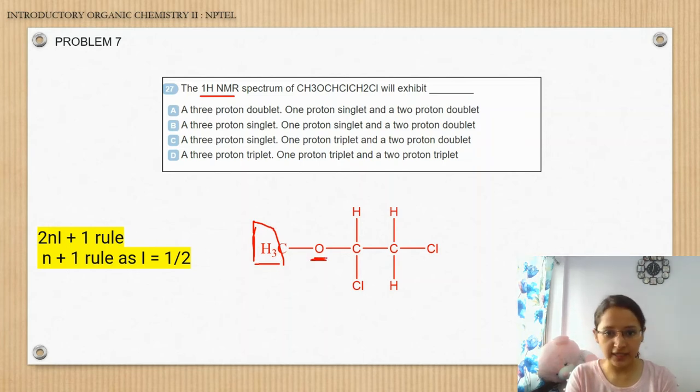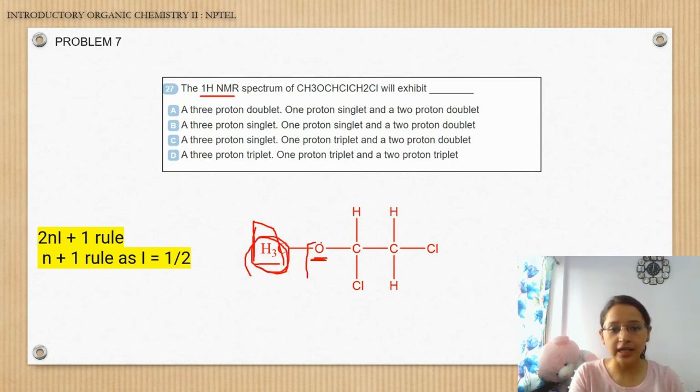In the rule we discussed, n is the number of hydrogens present adjacent to the proton. In the case of this hydrogen, there is no hydrogen at the adjacent position. So there is no proton in the vicinity to split this particular proton, so it shows a singlet.